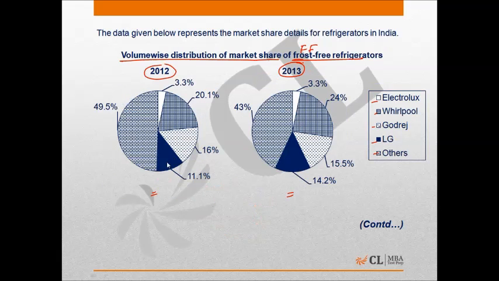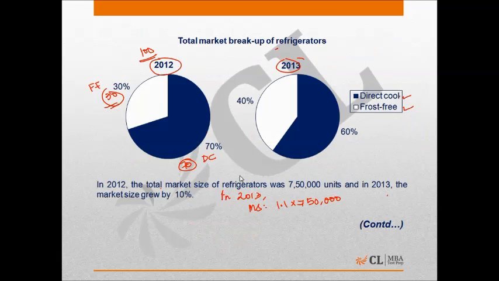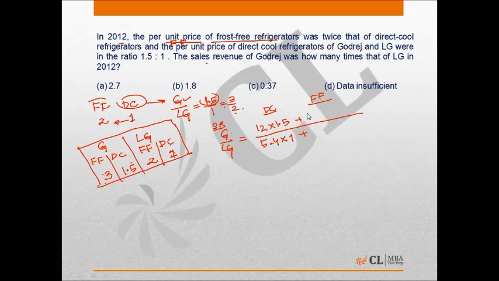So for Godrej we have 16% of 30, which gives us precisely 4.8, while for LG, 11.1% of 30, which will give us precisely 3.33. So let's put these two values, 4.8 and 3.33, back in the question.